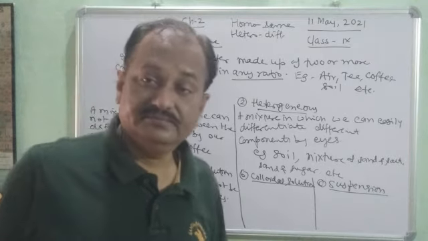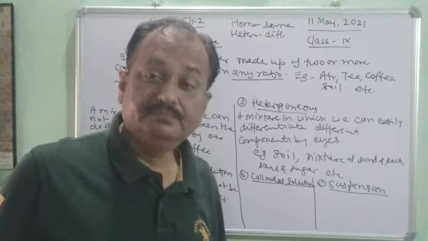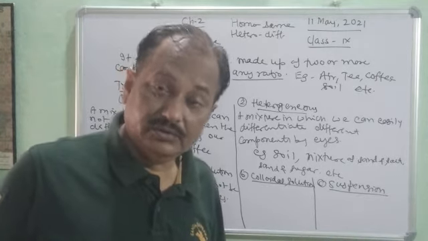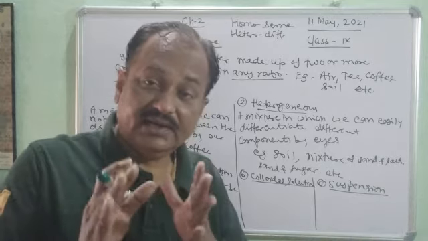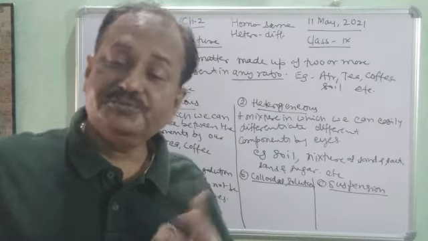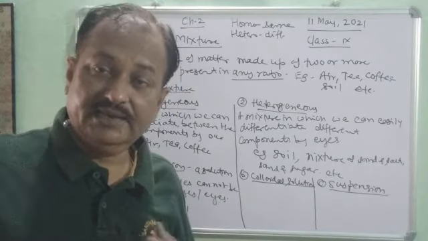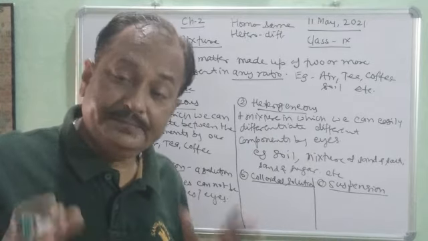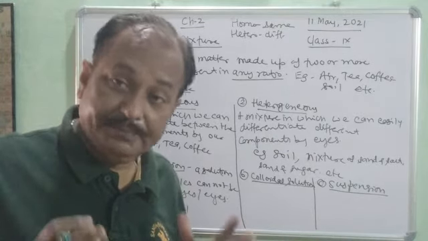Examples are milk, blood, fog, mist, paint, nail paint, ice cream. They are a special type of solution. Colloidal solutions are heterogeneous, but they appear to be uniform.